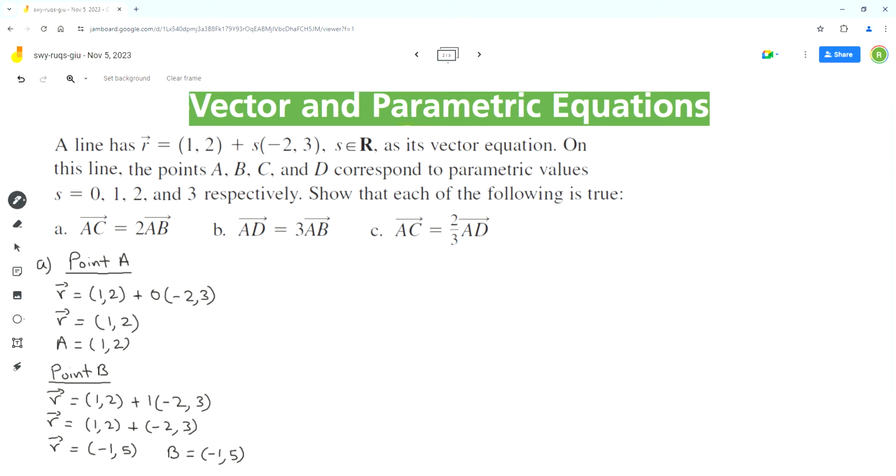Now we can find point C. We should sub in s as 2 in the given vector equation.